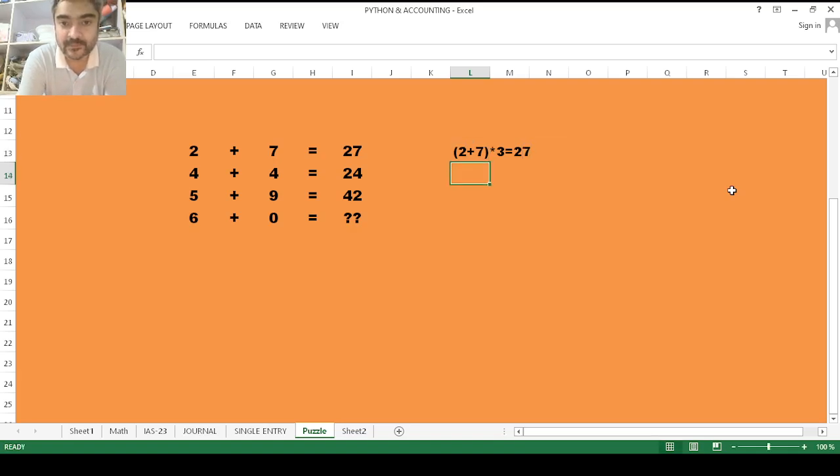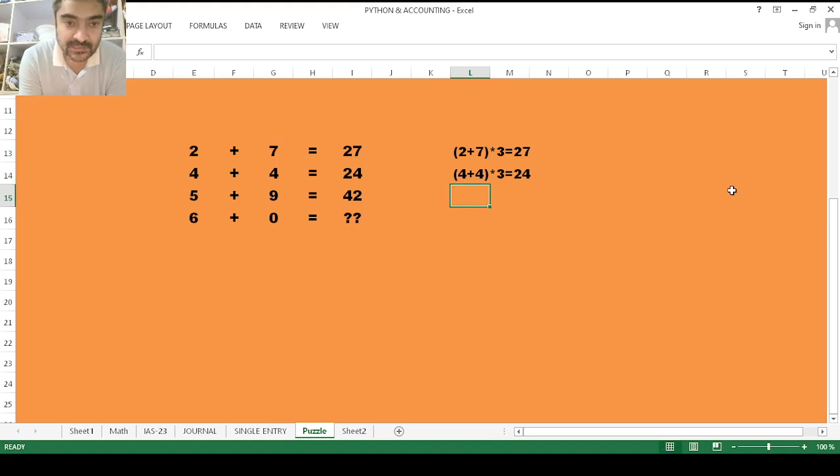You can see here. Now let's try this pattern on the second equation. 4 plus 4 is equal to 8. If we multiply this 8 by 3, it comes to 24. I think this could be the pattern.